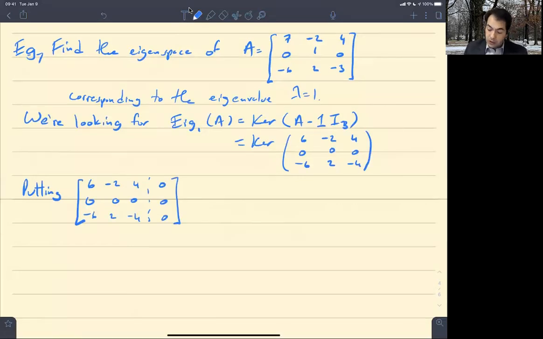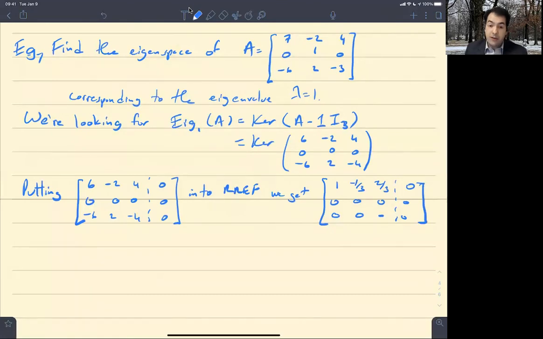So putting this into reduced row echelon form, we get the matrix. So the first row would be 1, minus 1/3, 2/3, 0, and everything else is going to be 0.